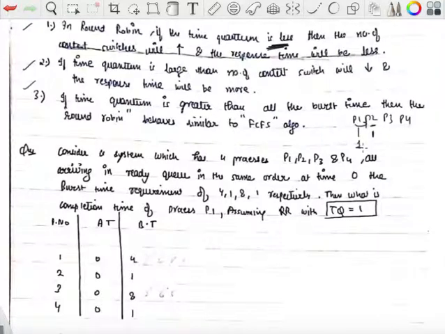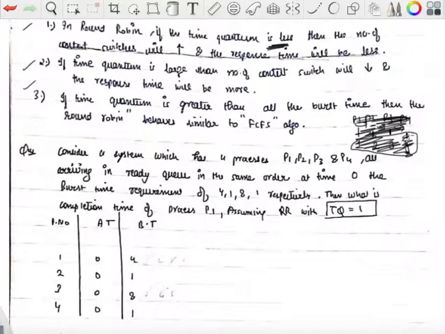Then P3 executes for 1 unit, then P4 for 1 unit, so P4 starts at the fourth unit of time, so your response time will be less. The processes start executing at a lesser unit of time, so response time decreases but your context switches increase.